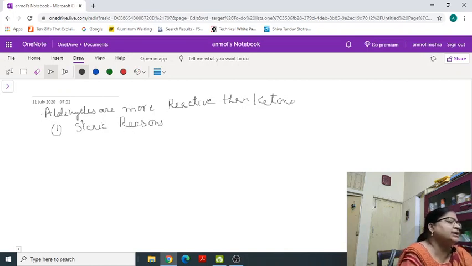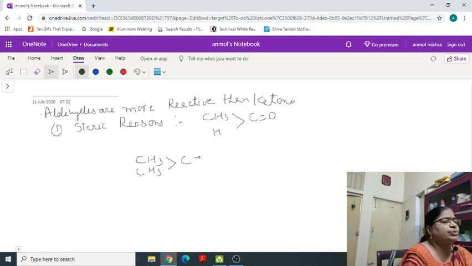In aldehyde, one alkyl group and one hydrogen is present, which allows the addition more easily as compared to the presence of two alkyl groups.